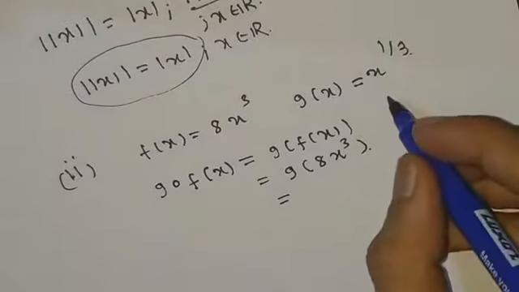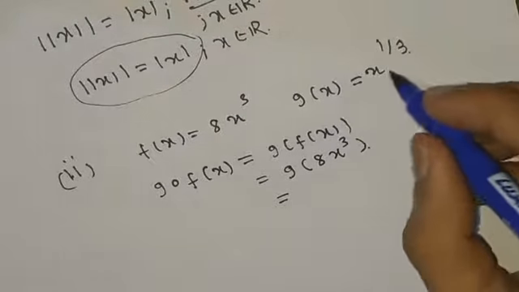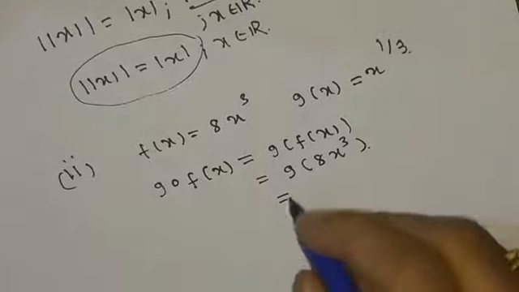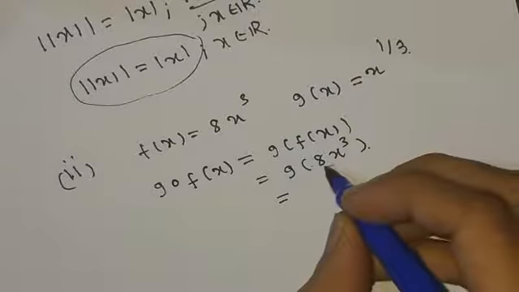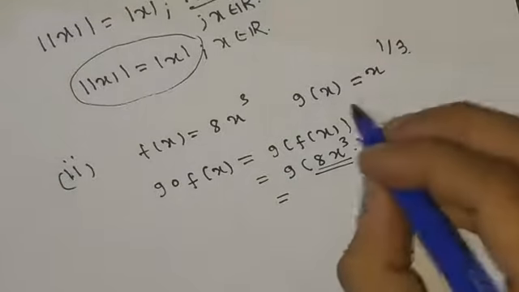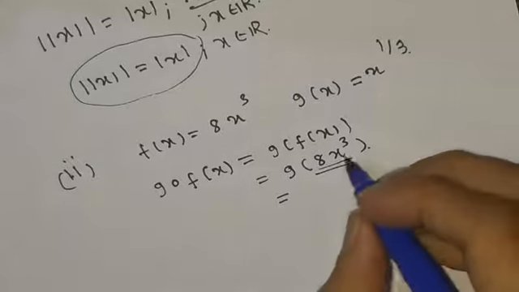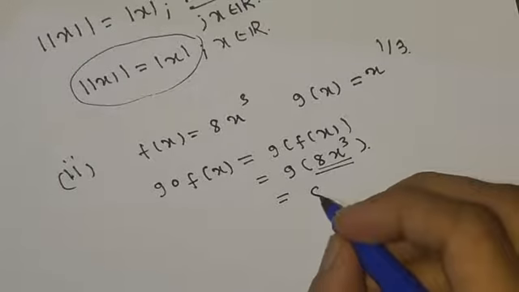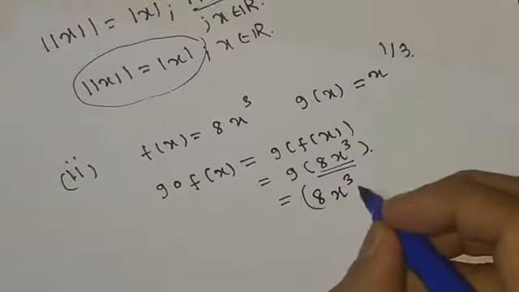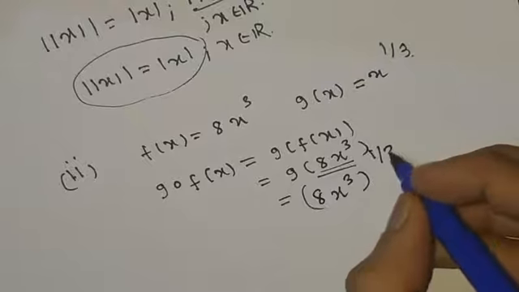Now g of 8x cube will be what? See, g of x is equal to x raised to 1 by 3. So here you have 8x cube in place of x. So just replace x by 8x cube. So you will get (8x cube) raised to 1 by 3.